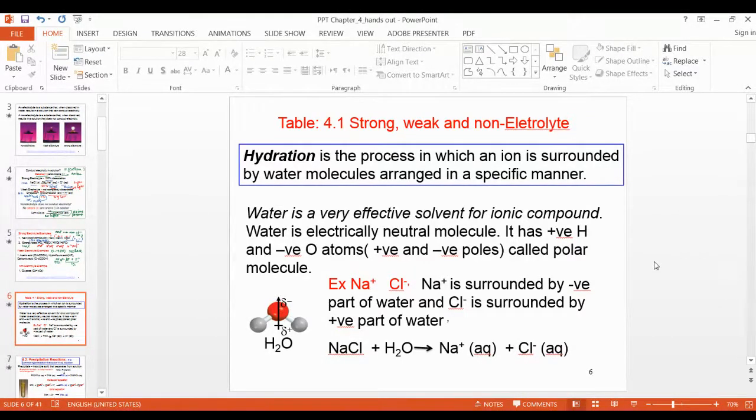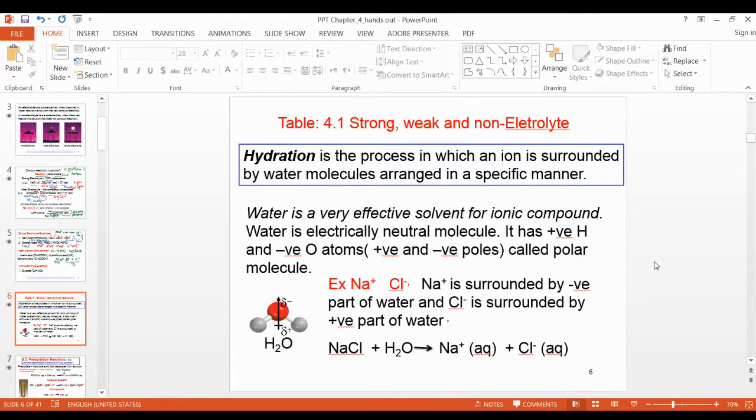That process is known as hydration. Hydration means in presence of water. Hydration is a process in which an ion is surrounded by water molecules arranged in a specific manner.